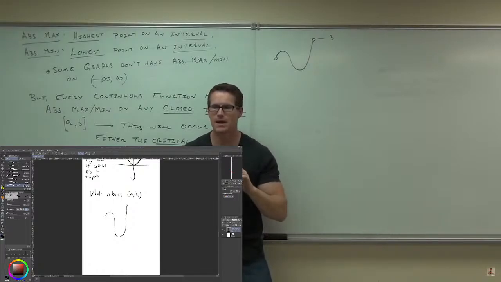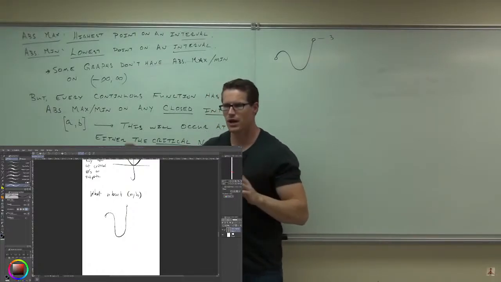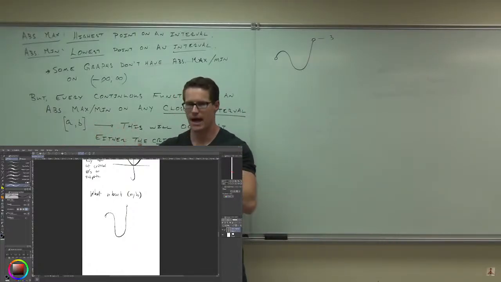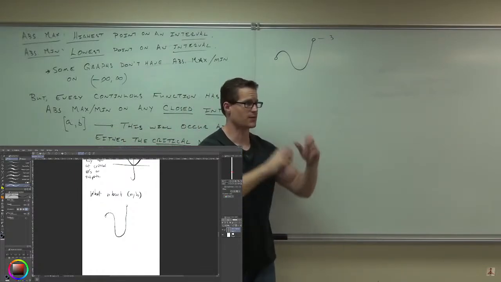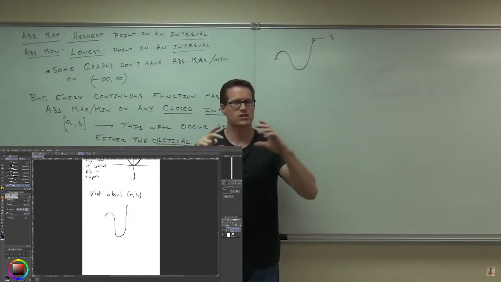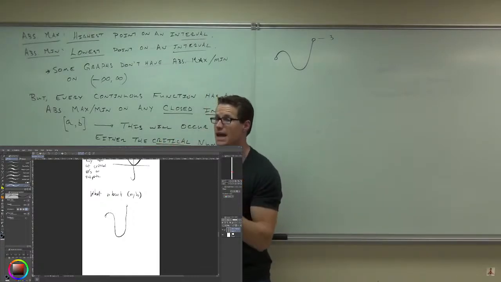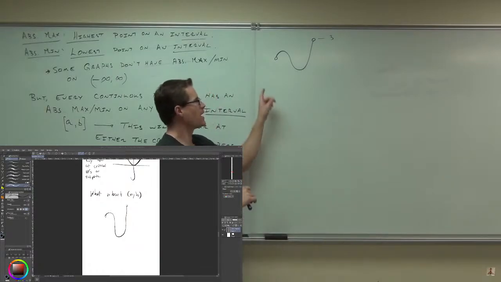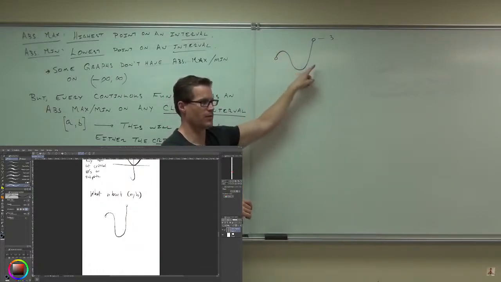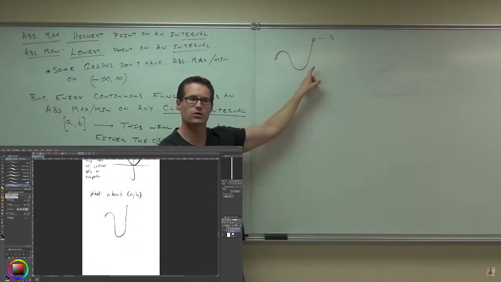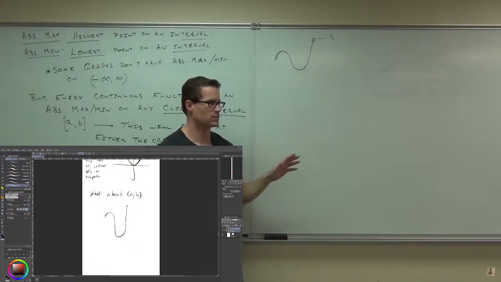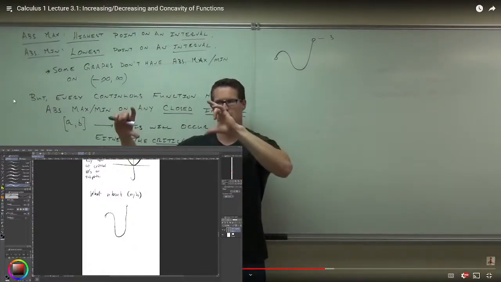What this says is that, listen carefully, if you've got a closed interval, you are going to have an absolute max and an absolute min. Understand? If it's open, the absolute max and min must happen at a relative point, at a critical number. That's where they have to occur. If they don't occur there, then they don't exist at all. Closed intervals, you got both.